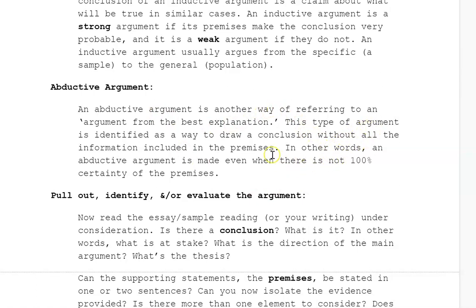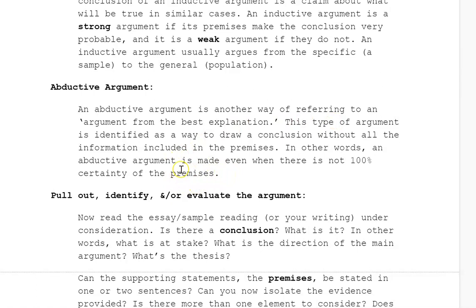This type of argument is a way to draw a conclusion without all the information included in the premises. So, in other words, an abductive argument is made even when there is not 100% certainty of the premises.